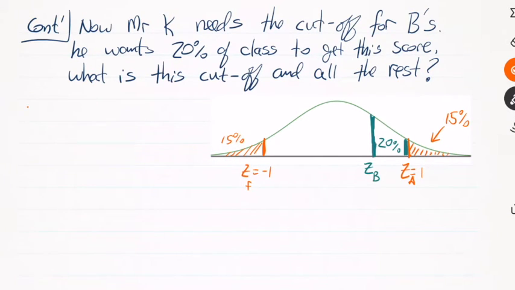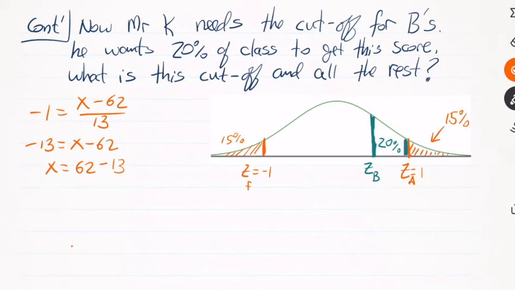So if we do that, we're going to get -1 is equal to that score I'm looking for, minus that 62 average, divided by a 13 standard deviation. Multiply both sides by 13, and we get this. So x is going to equal 62 minus 13 for a grand total of 49.